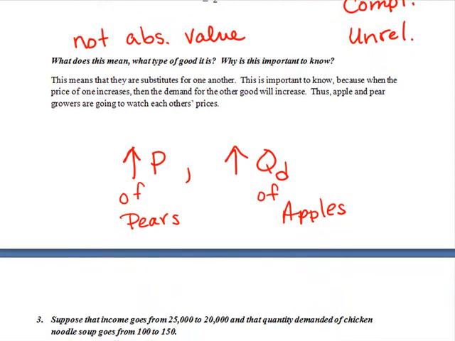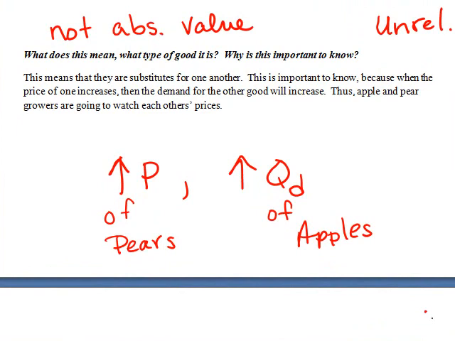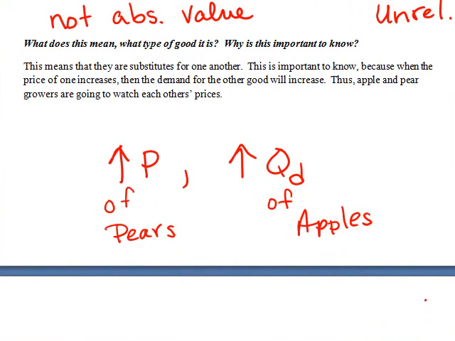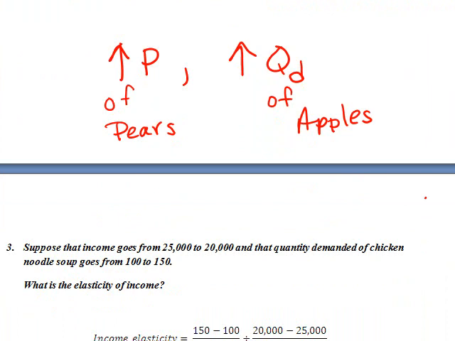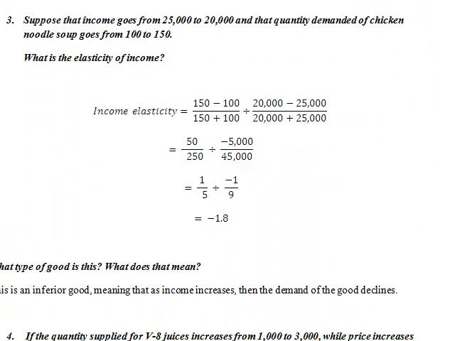Now let's say that I owned Campbell's soup and I was interested to know what was going on with the chicken noodle soup. So what I have observed is that there has been a decline in income. Now we could probably see that in this area due to the unemployment rates.